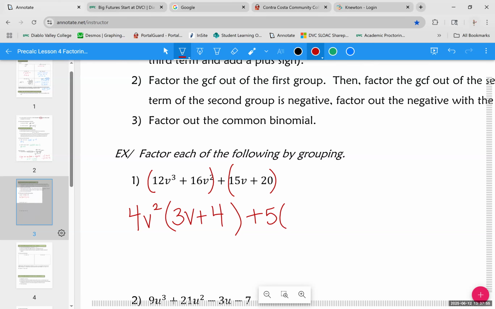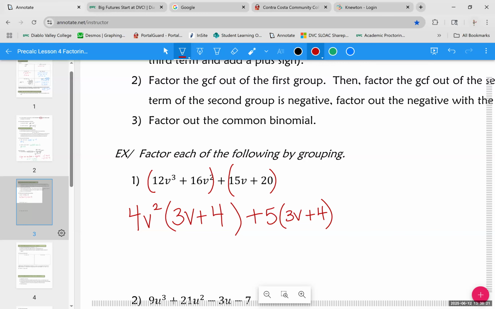I cannot factor out a v because I have one v here and no v's there. So the smallest amount of v's that I see is none. So that means my GCF has none. Okay, so then I'm going to multiply 5 by 3v to get 15v and 4 to get 20.